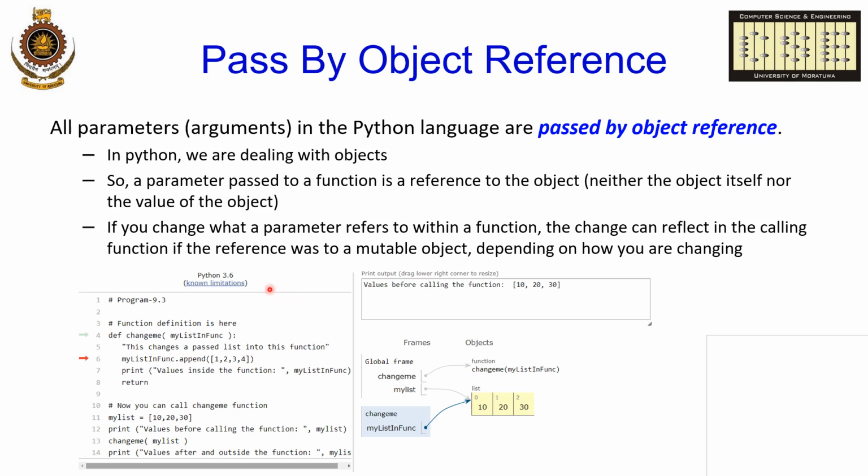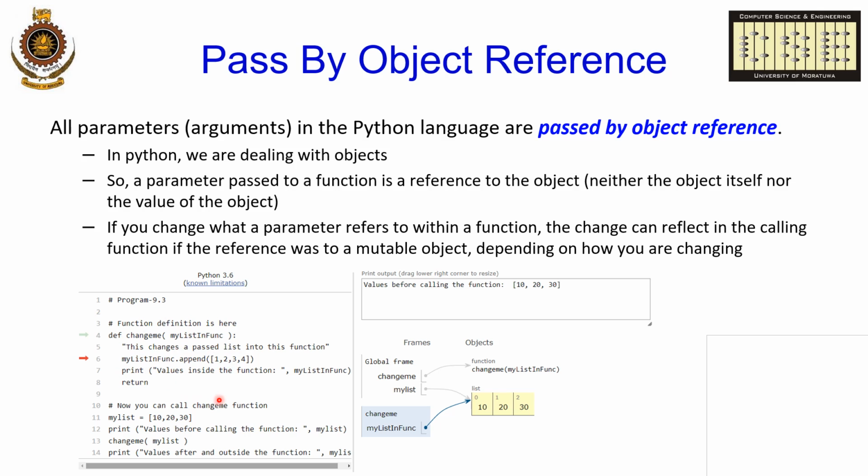So this is the example we are going to analyze for studying pass by object reference. Here we have this function def change me. It takes one argument, a list, my list in function, right?